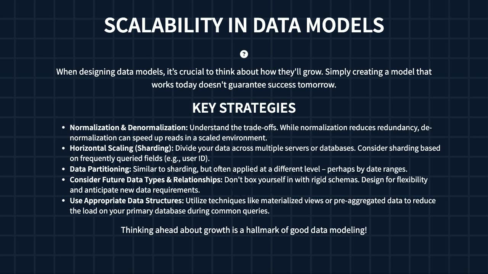Sharding is a specific type of this, where you divide your data based on common query fields. Don't be afraid to think about partitioning data by date ranges too. And really importantly, design with the future in mind. Don't lock yourself into a rigid schema that won't adapt as new data types or relationships emerge. Finally, choosing the right data structures can make a huge difference.